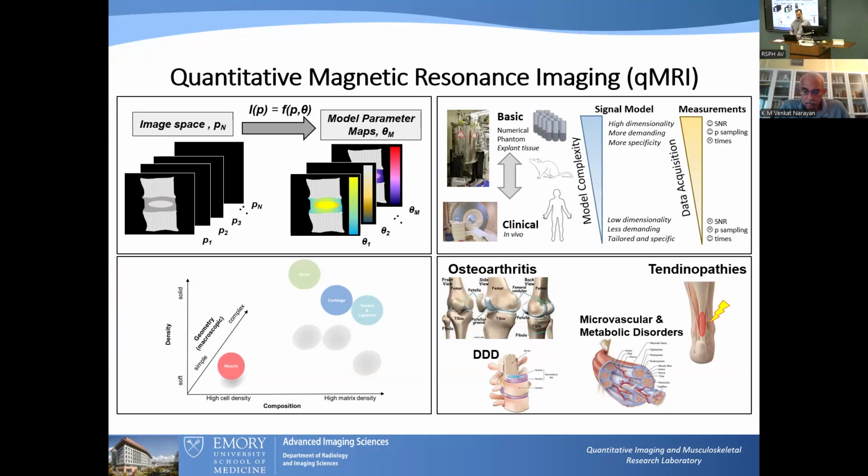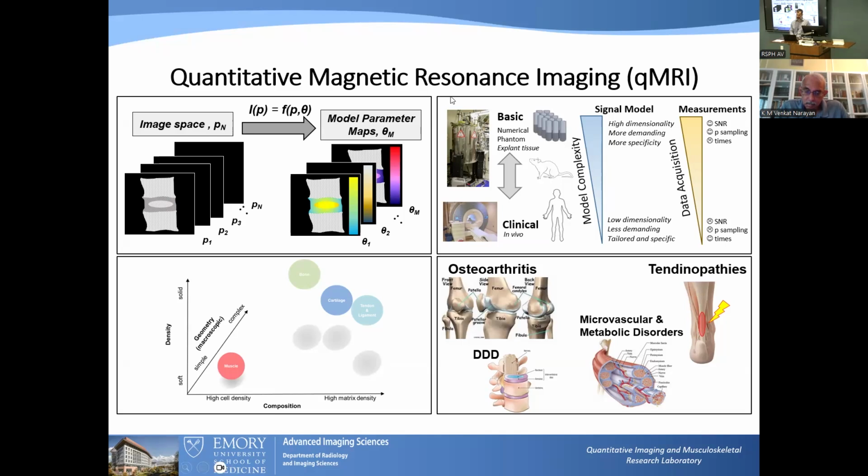This is quite different than other imaging technologies. With this, we can merge collecting multiple image contrasts, as this cartoon on the left shows, with physics models to extract quantitative information about either the underlying microstructure, physiology, biochemistry, or function of the underlying tissue.